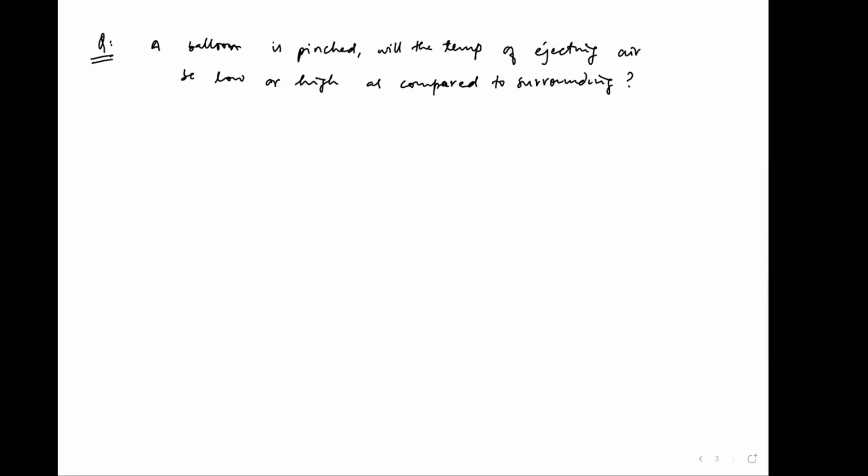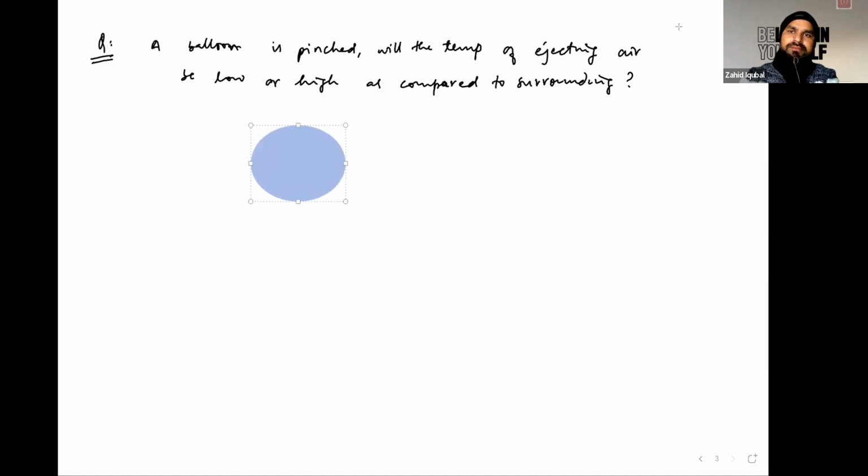It will be high. Why? Suppose you have a balloon like this.